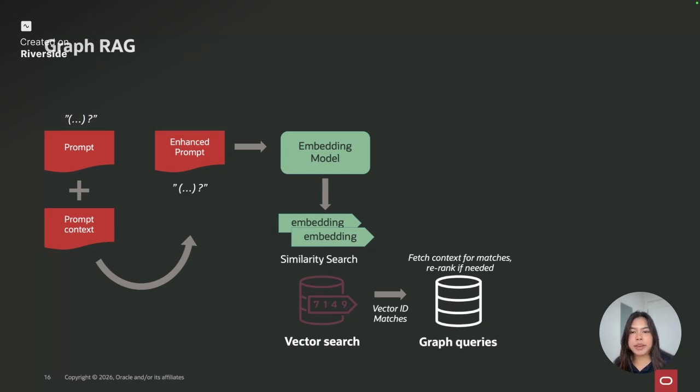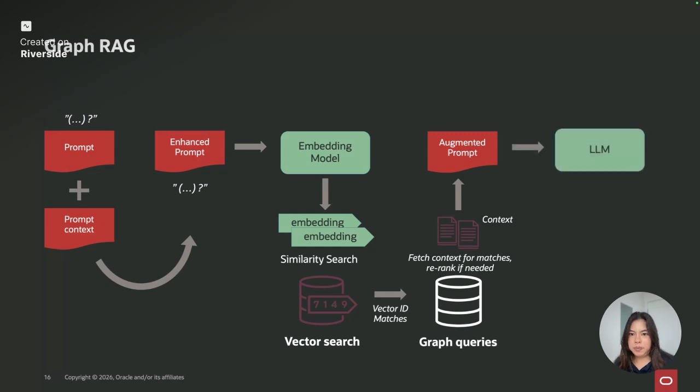And then we re-rank if needed and assemble it again for the full context, and then that context gets injected into the augmented prompt. So now we have a much richer answer compared to the original one, right? And that's what we feed to the LLM.